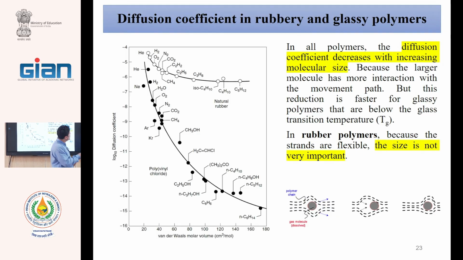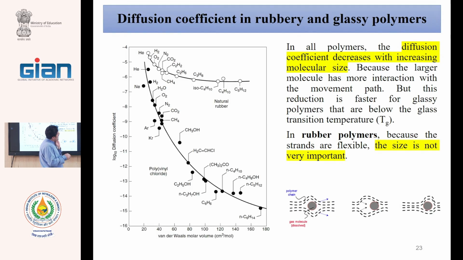Therefore, from the diffusion view, PVC is good, okay? With the help of these diagrams, we can select a good polymer for our separation, okay? But we see here that the diffusion of nitrogen is very much higher than here.